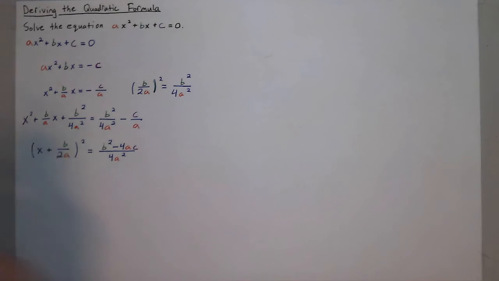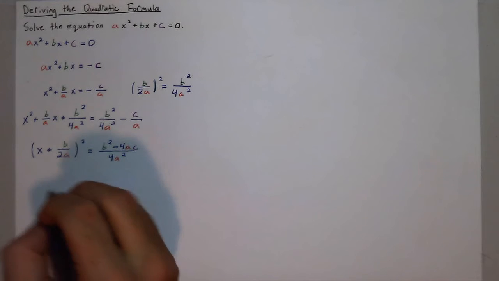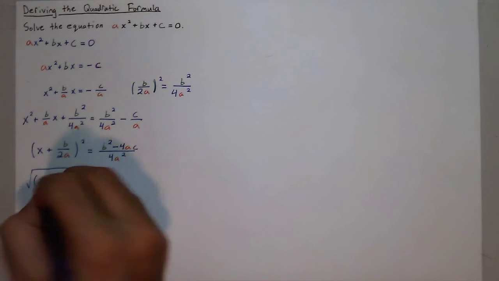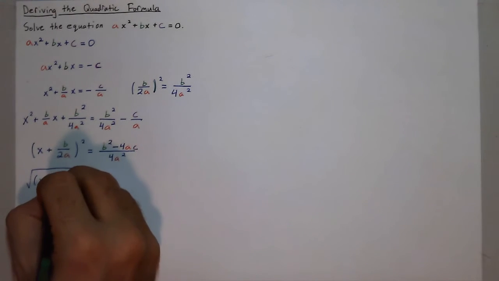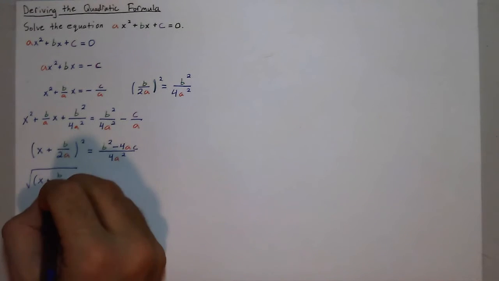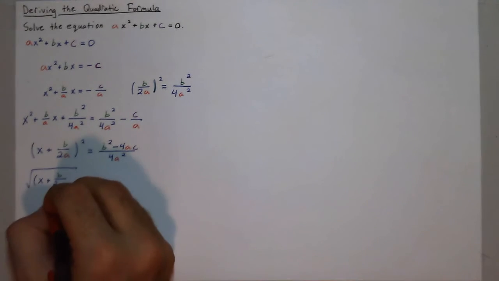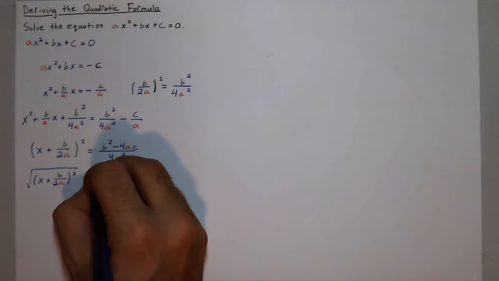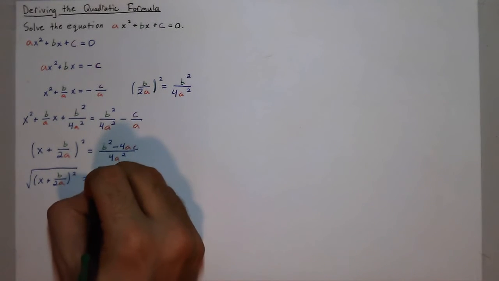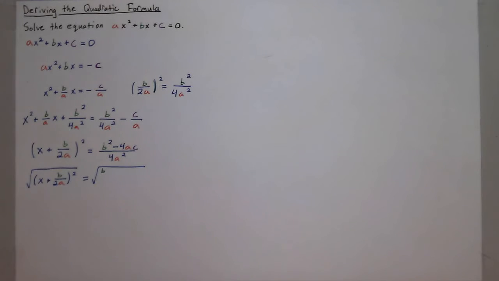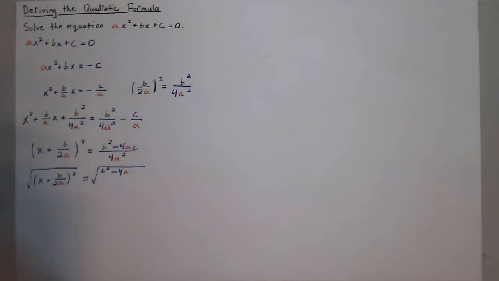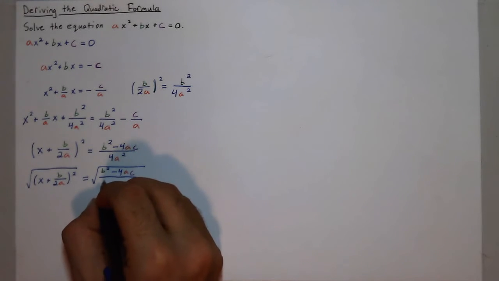Now I will take the square root of both sides of my equation. So the square root of x plus b over 2a squared is equal to the square root of b squared minus 4ac all over 4a squared.